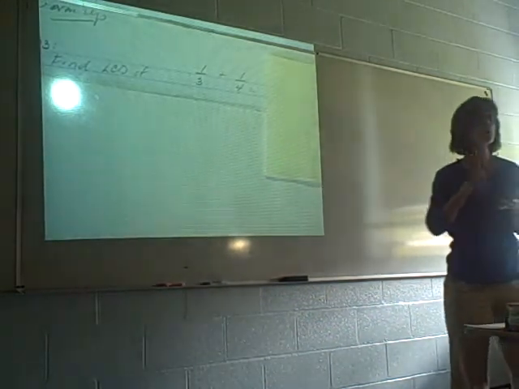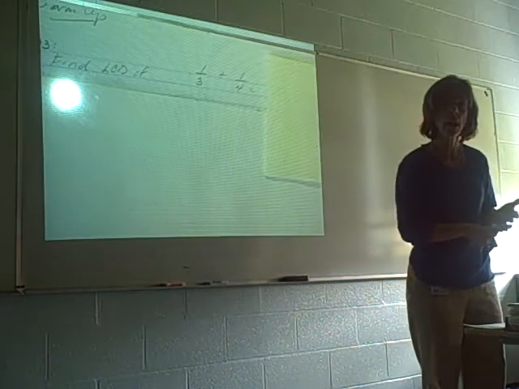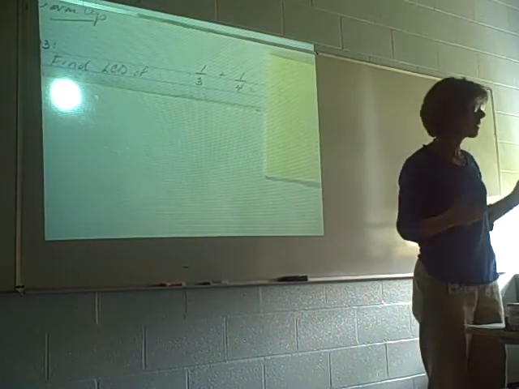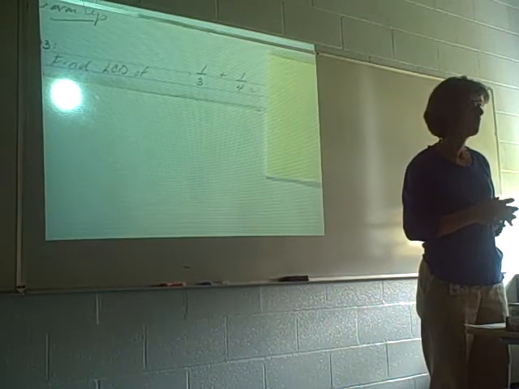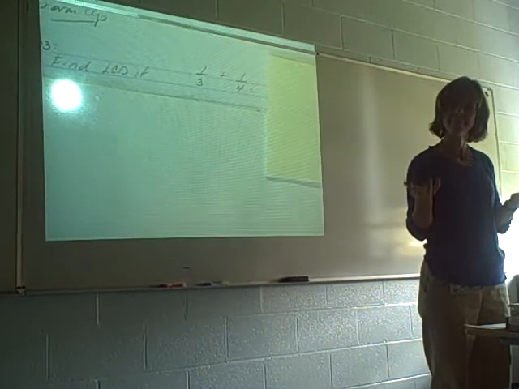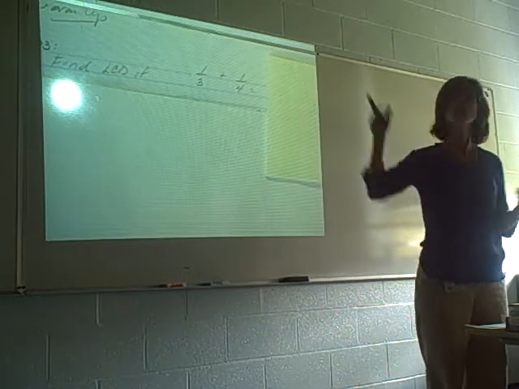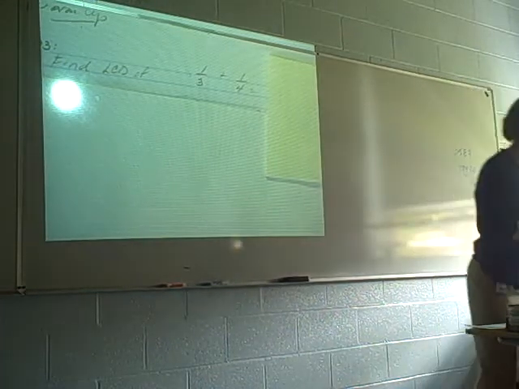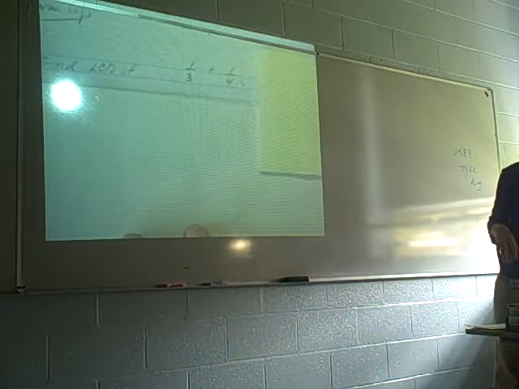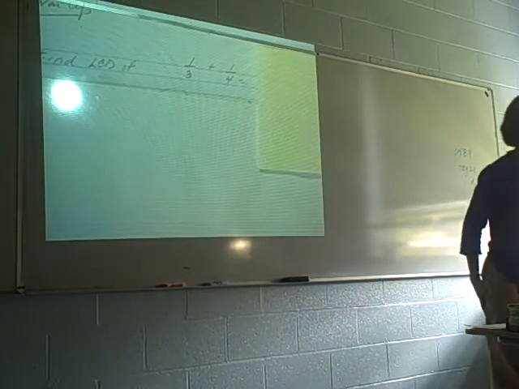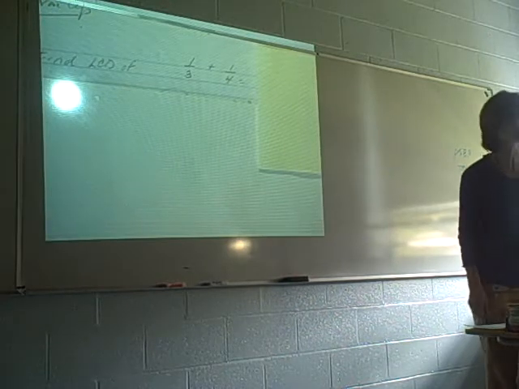We have now multiplied and divided rational expressions. What do you think we're going to do next? Add and subtract. Okay, please do the first problem. So if I have 1/3 and 1/4, show me how you do that problem.